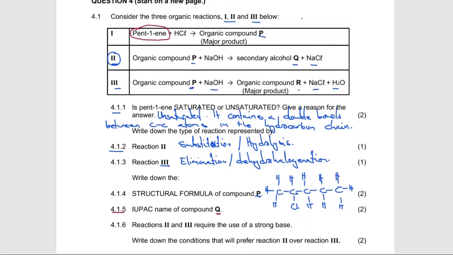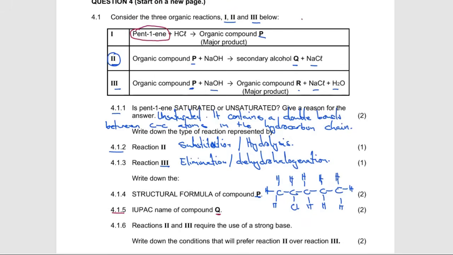Then moving on to question 4.5, it asks for the IUPAC name of compound Q. Q is a product in reaction number 2, which is an alcohol. We have this reactant, organic P, and I can put a circle around it so that you can see it. It reacts with sodium hydroxide to form a secondary alcohol.